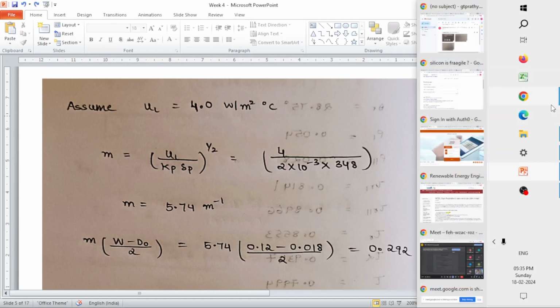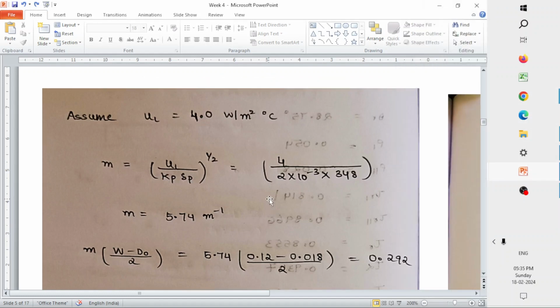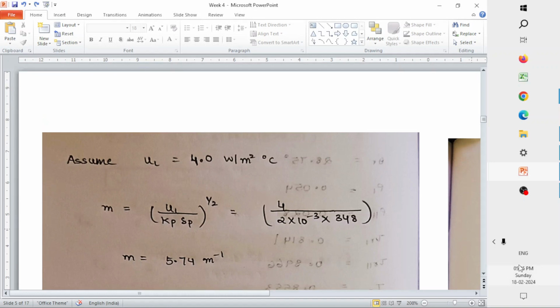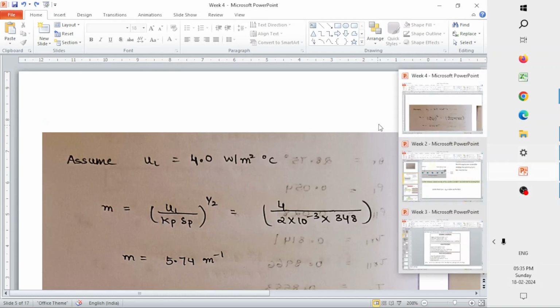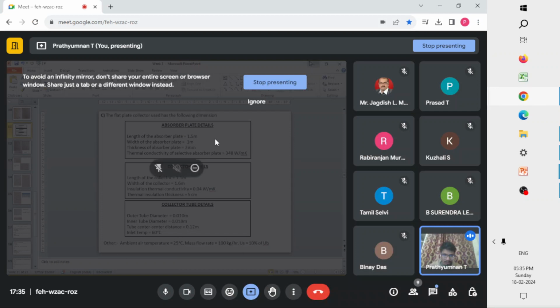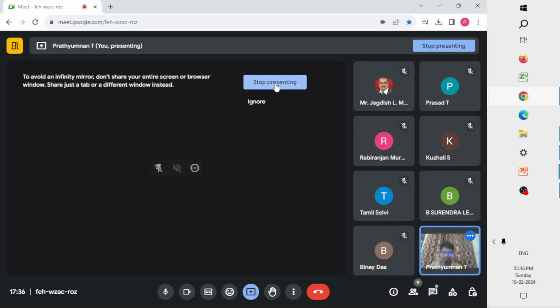Can anybody tell whether the slide is visible or it's still stuck at one place? Okay, let me stop presenting and reshare my screen once again.